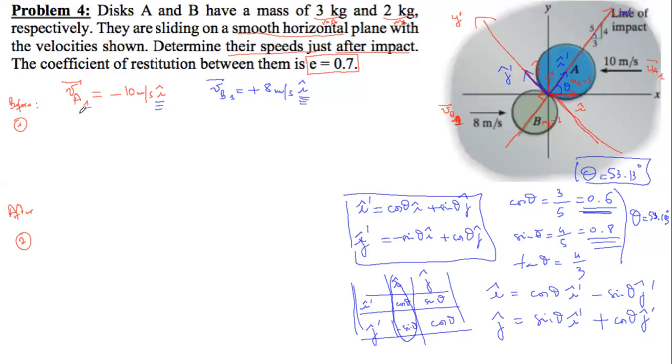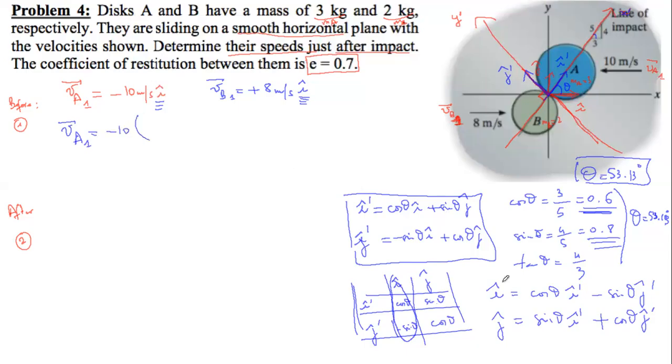So in other words, if I want to write VA1 in i prime hat and j prime hat, I want to express it along the line of impact and the plane of contact. So I'll say it's minus 10.